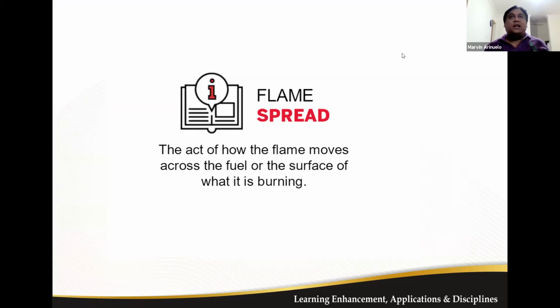So basically, if you remember during your college days, there are three forms of heat transfer: conduction, convection, and radiation. In other words, this also applies here. This is how the flame spreads.